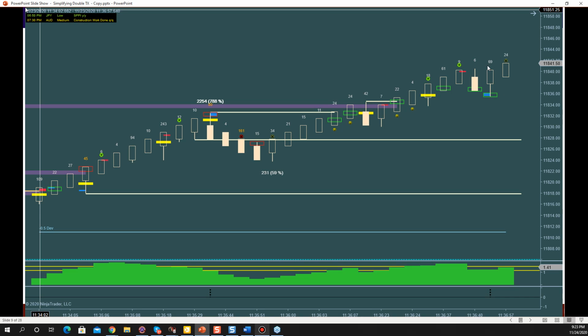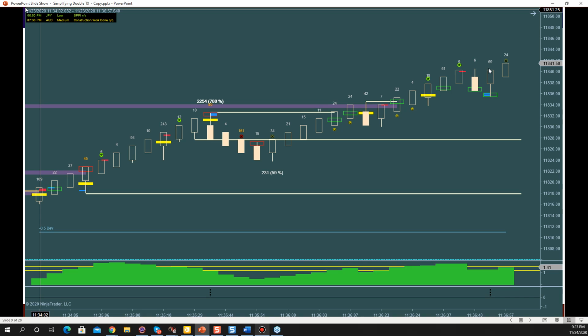The reason we do not take this TX trade is because it's technically in what we call coil chop. Coil chop meaning as this market's coming up, this bar is up, next bar is down, next bar is up.